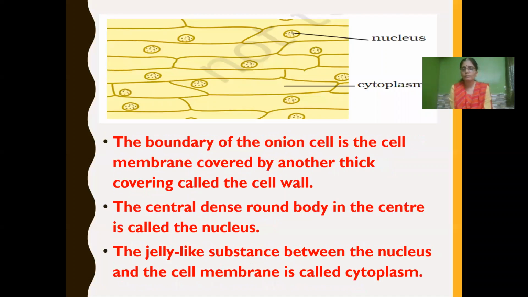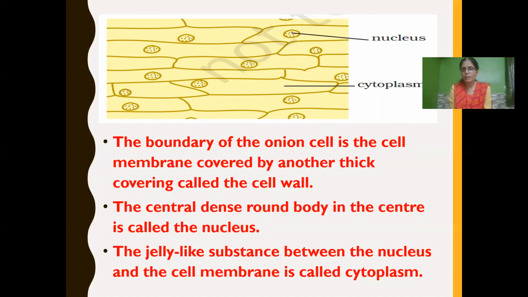Now this glass slide we have to observe under the microscope. You can see how it is seen in the figure. The boundary of the onion cell is nothing but the cell membrane, which is covered by another thick covering called the cell wall.